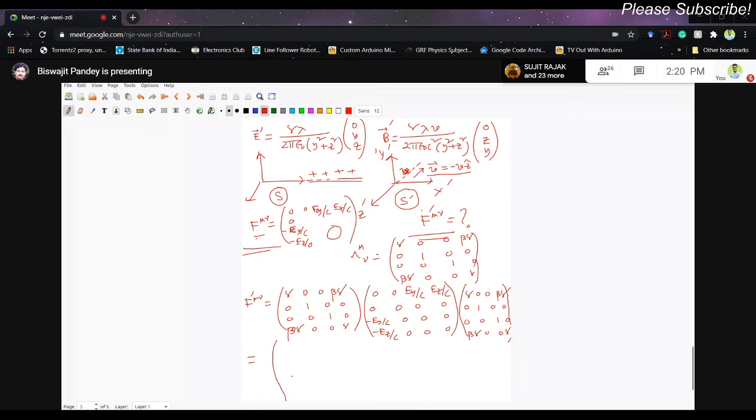So here, if you multiply all these three matrices, you will land up with this result: 0, 0, gamma Ey by c, Ez by c. Now this time you see there is no gamma in front of Ez by c. So results could be quite different depending on the direction of motion. So don't just try to memorize any result. Gamma Ey by c, this will be minus Ez by c.